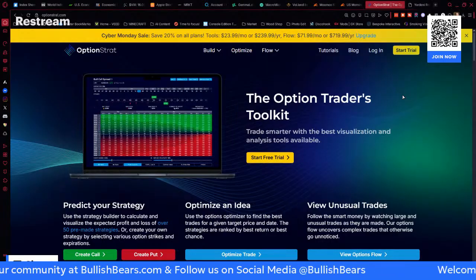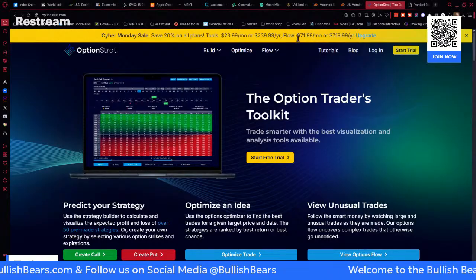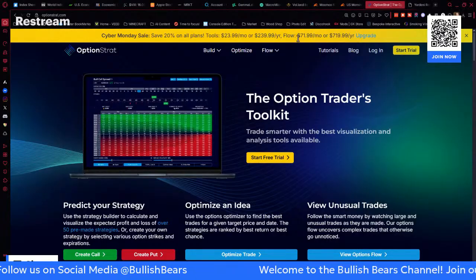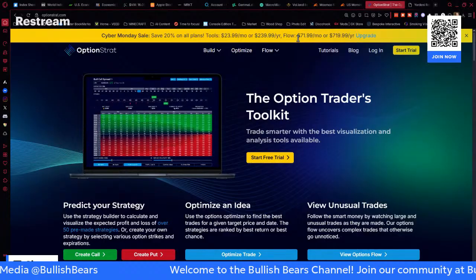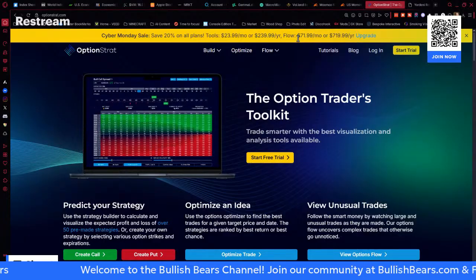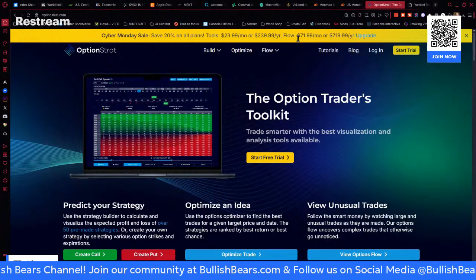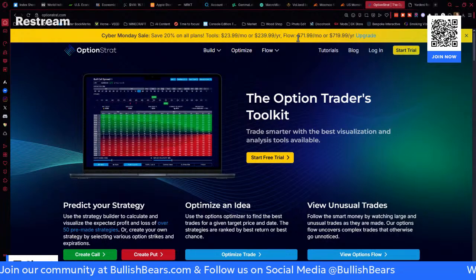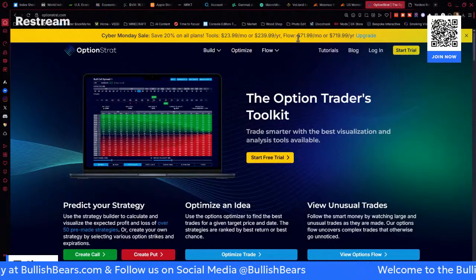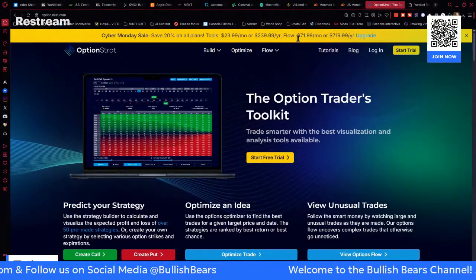I'd want to know what I'm getting for my $80 because it has to stack up against something like Tradie Ticks or SpotGamma, Cheddar Flow, Black Box Stocks, Option Samurai. That's another one that does a lot like what these guys do.